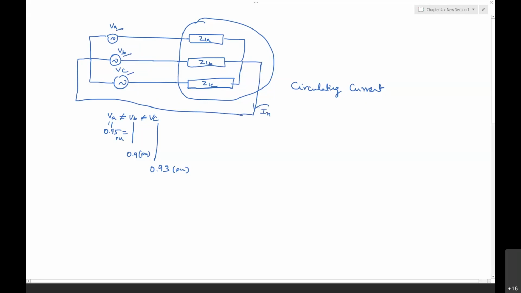This neutral current is equal to minus of the IA current plus IB current plus IC current.